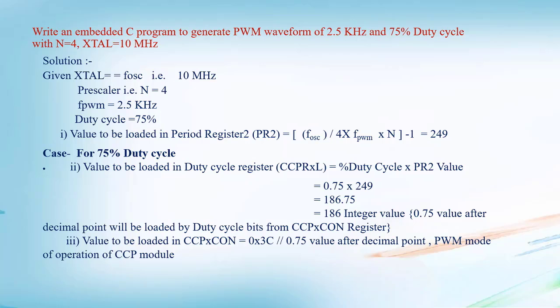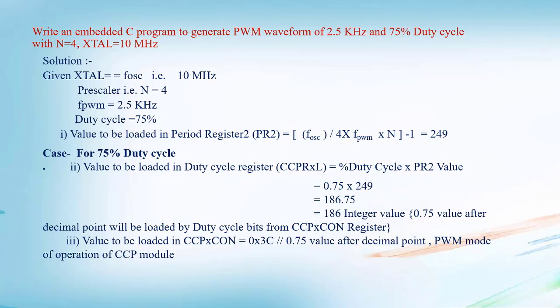So we get 249. For 75% duty cycle, the value to be loaded in duty cycle register CCPRxL equals percent duty cycle multiplied by the PR2 value. So 0.75, that is 75%, multiplied by 249, we get 186.75. The integer value 186 and the 0.75 value after the decimal point will be loaded by the duty cycle bits of the CCPx control register.